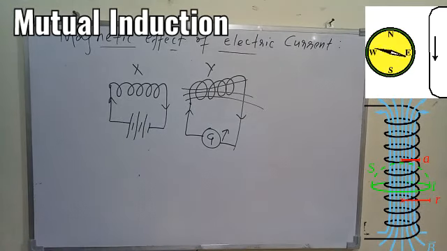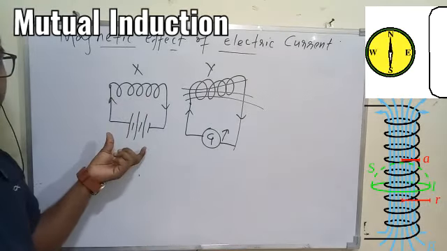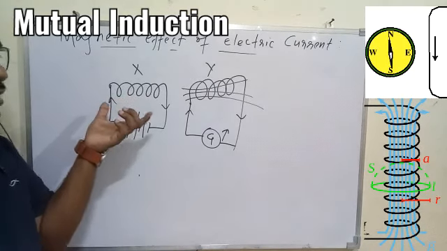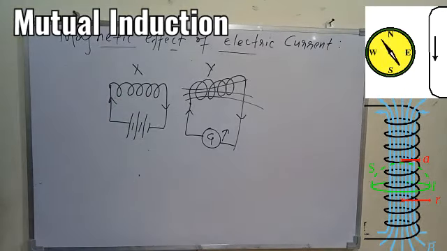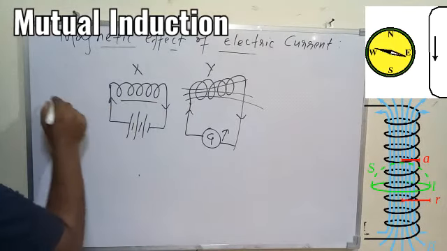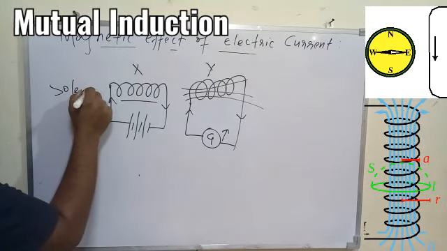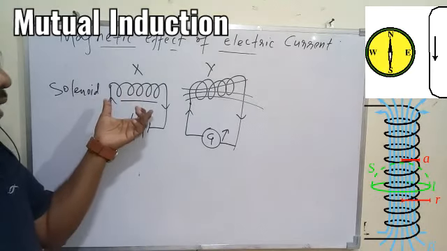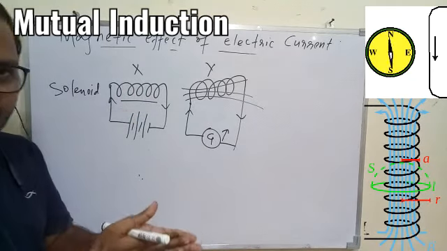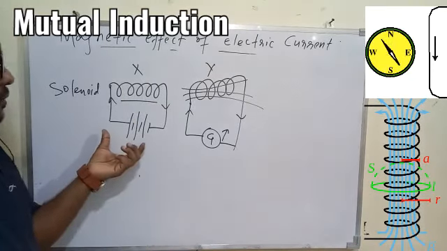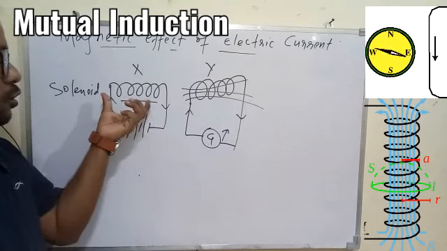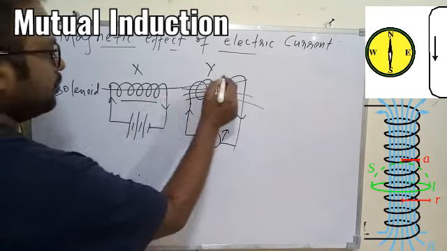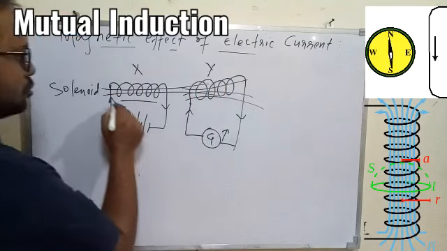We know that if current flows through coil X, then this coil will behave as a magnet. You remember, this will behave as a bar magnet because it is nothing but a solenoid. Yes or no? So if coils X and Y are placed together and current is given to solenoid X, then it will behave as a bar magnet, and its magnetic field lines can pass through the other coil also.